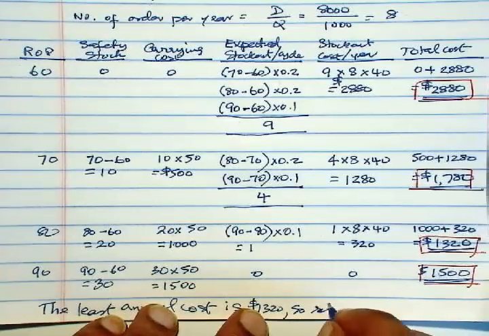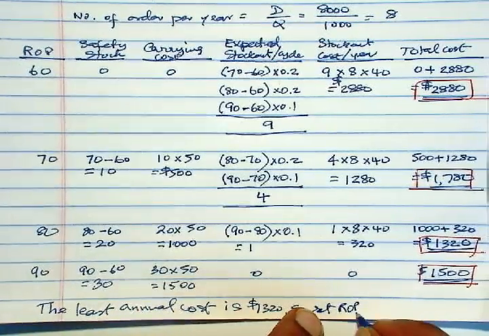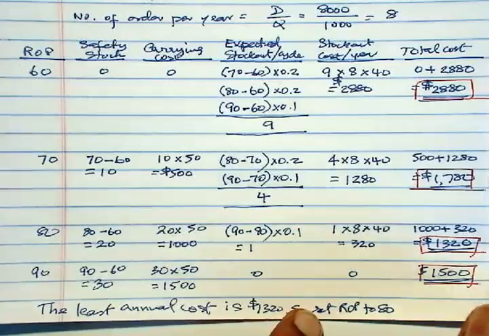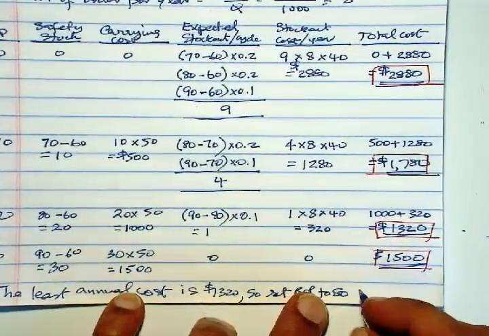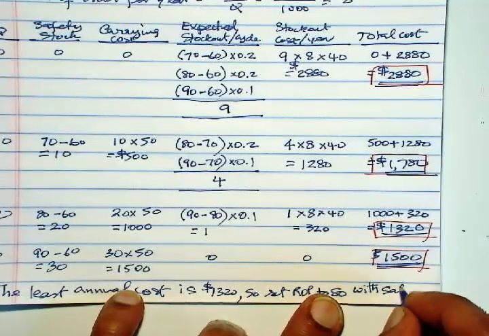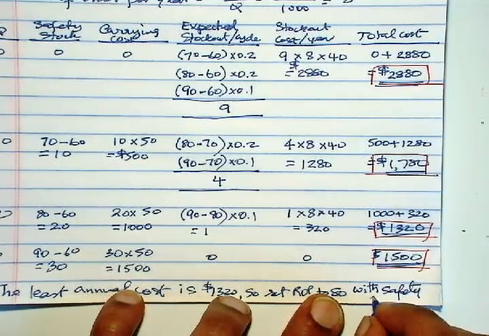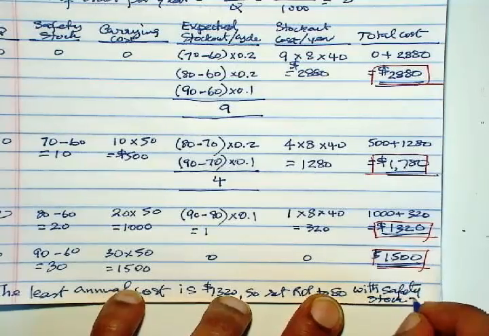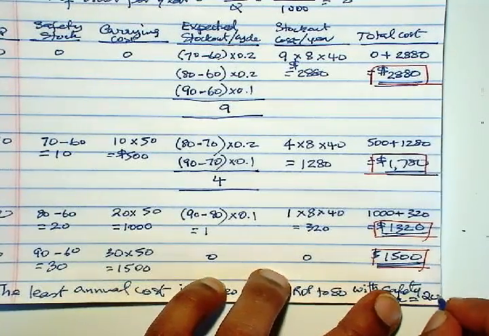So set ROP to 80 with safety stock equal to 20.